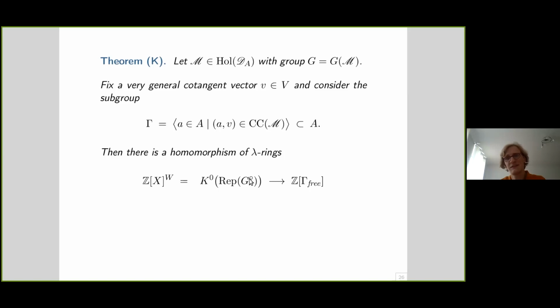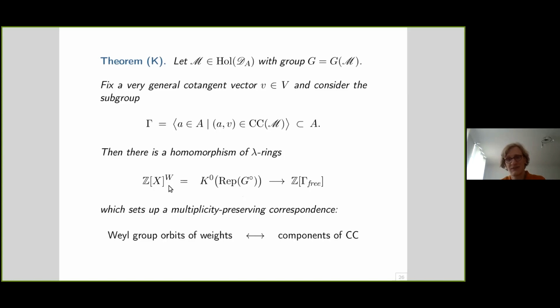And on the left-hand side here, if you have a connected reductive group, then the representation ring is just the character ring. So X is the group of characters, and then you take the Weyl group invariants. So the upshot is more or less you get a correspondence between Weyl group orbits of weights for this connected reductive group on the left and irreducible components of characteristic cycles on the right, and this preserves multiplicities.